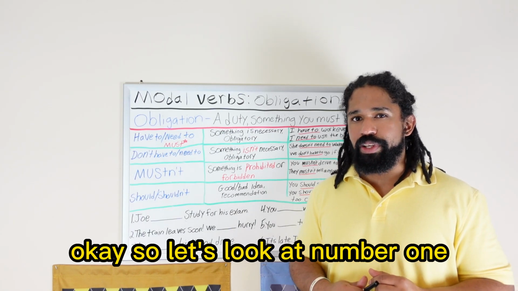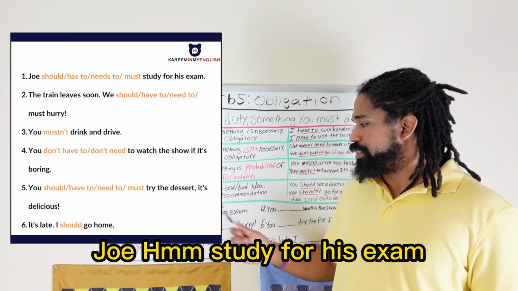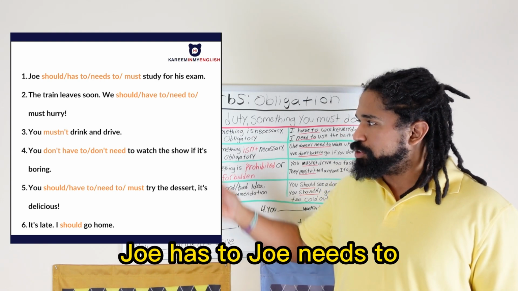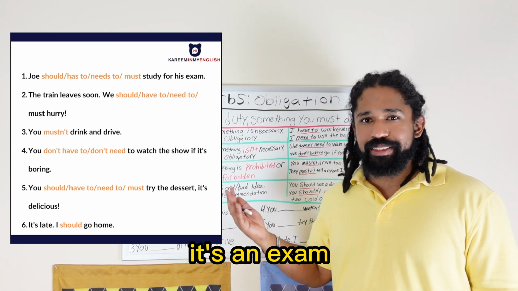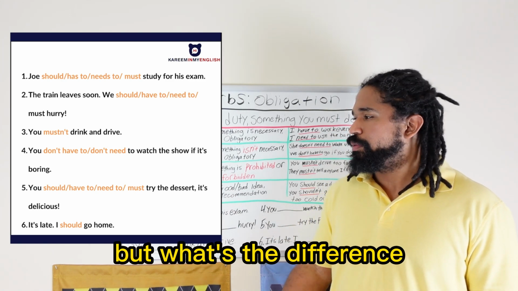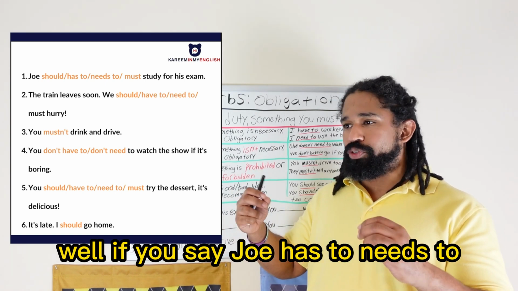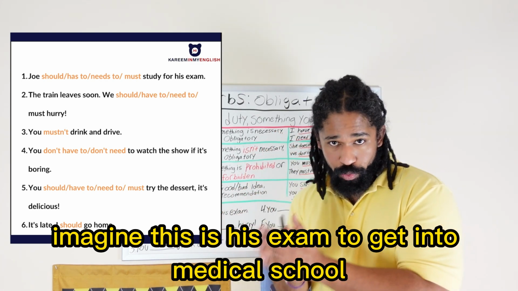Okay, so let's look at number 1. Joe, study for his exam. Here you can put multiple ones. Joe has to, Joe needs to, Joe should. Usually it's an exam, you probably should study, it's important. But what's the difference? Well, if you say Joe has to, needs to, imagine this is his exam to get into medical school.